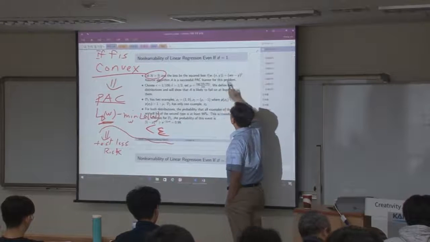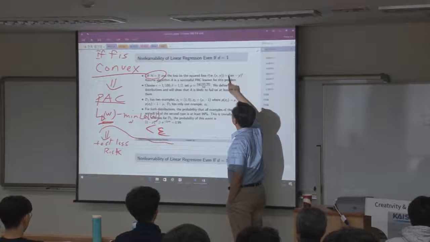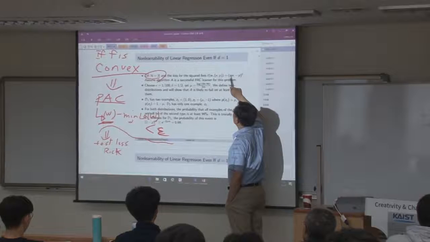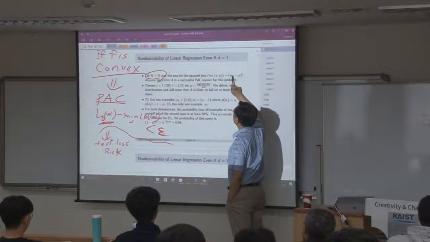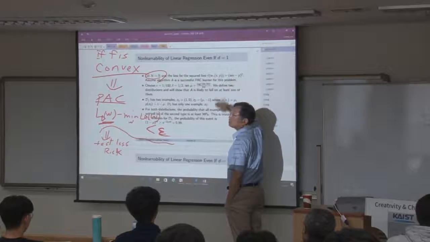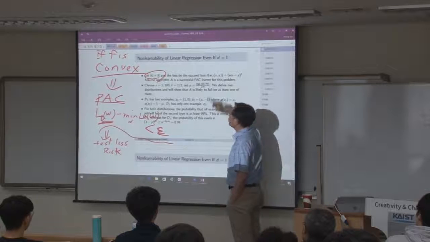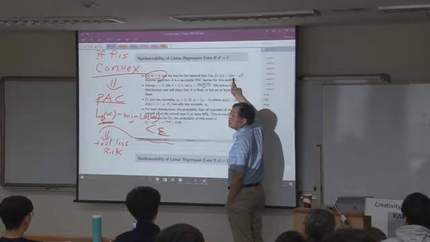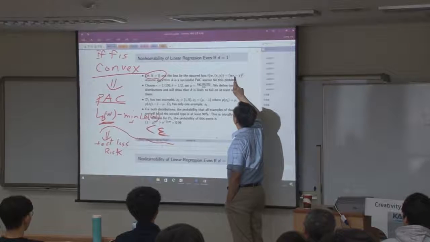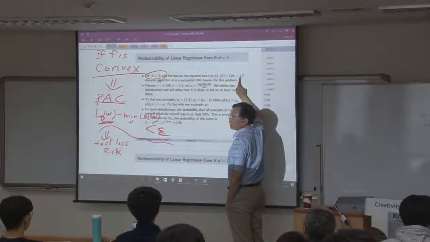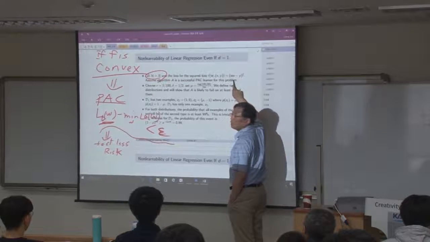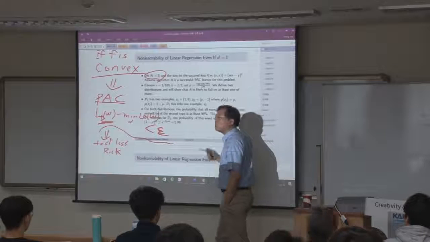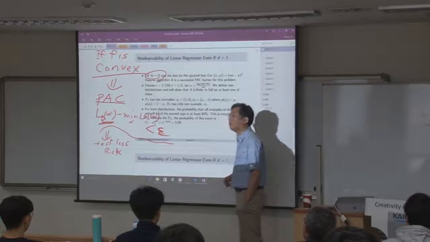Your loss function is this: Y is the label, and your prediction is W times X. So it's just a scalar, one dimension. You give me an X and I multiply my W on it, and that would be my prediction of Y. And this will be my loss, squared loss, which is a convex function.